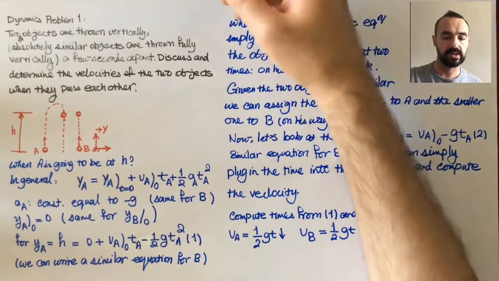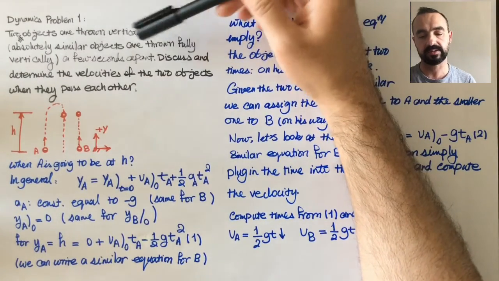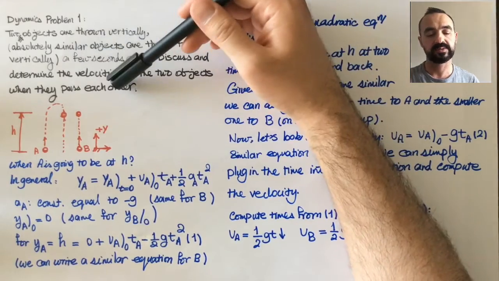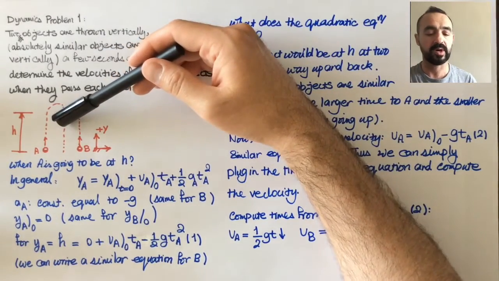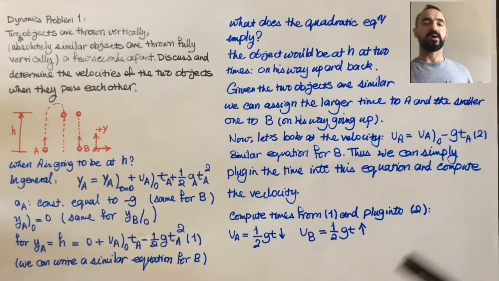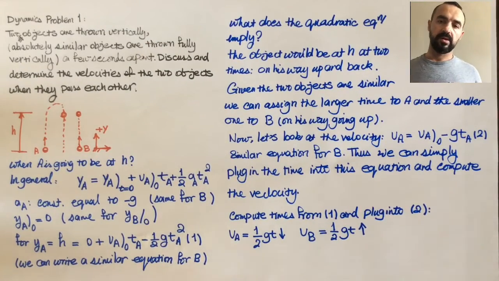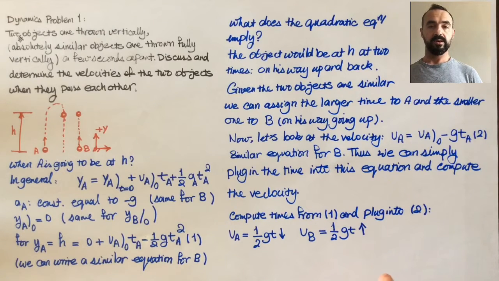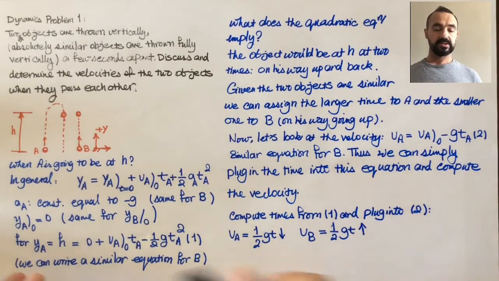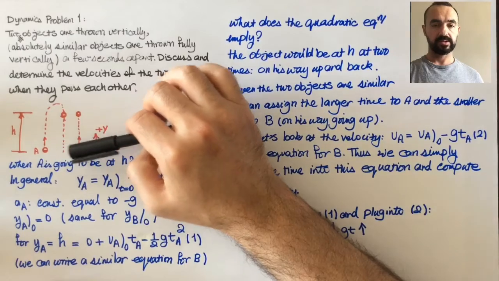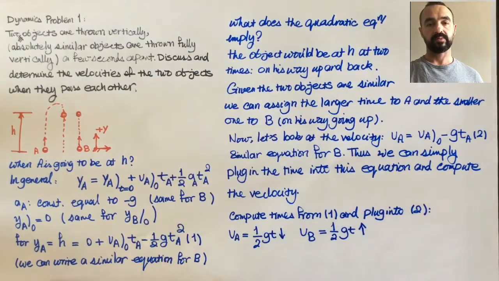And you need this height because the problem is asking for the velocities of the two objects when they pass each other. So whatever height this is, it is the height that both objects A and B are going through at that particular time. And you do expect physically that A is on its way back to the ground and B is on its way up.